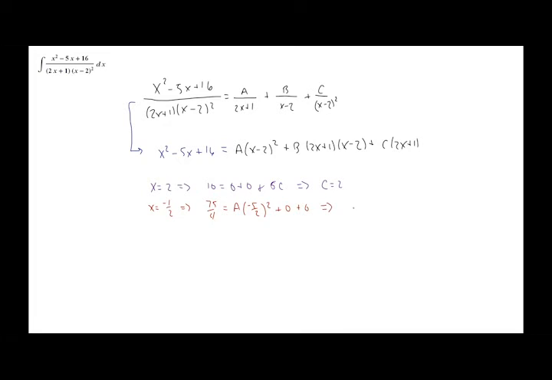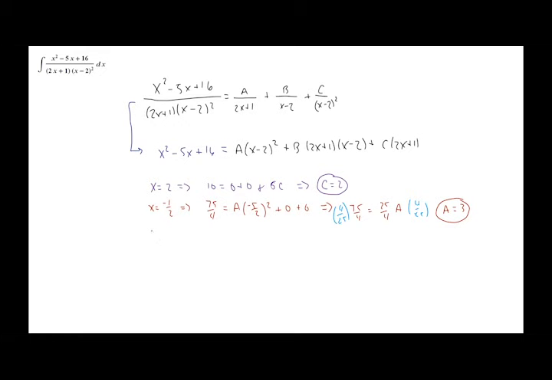Therefore, upon simplification, we're going to have 75 over 4 equals 25 over 4 A. Multiply both sides by 4 over 25, and doing so is going to reveal that A is going to have to be a value of 3 in the very end. So far, we got our values for A and our values for C.